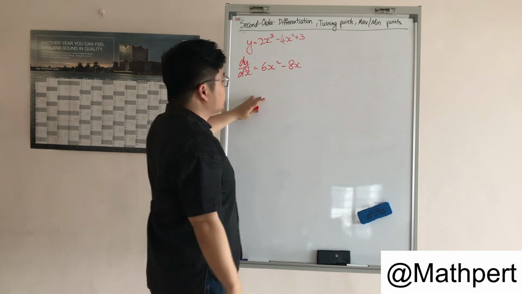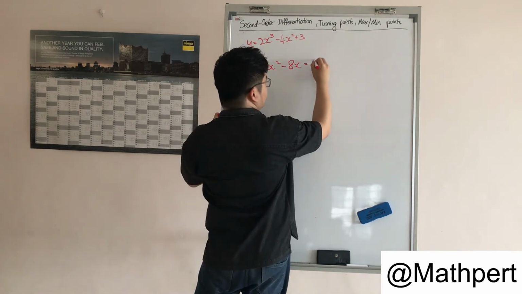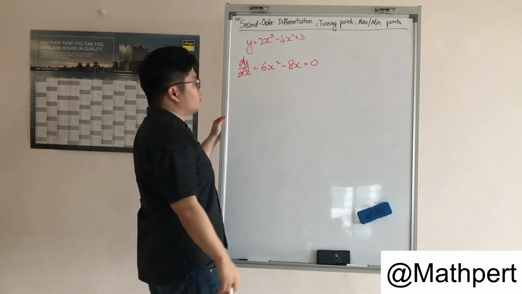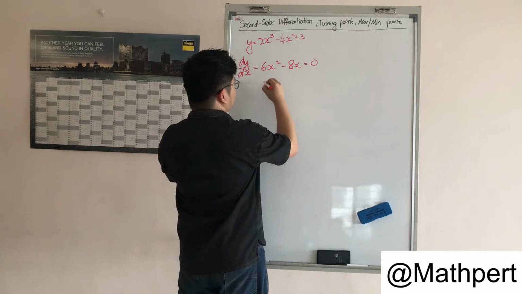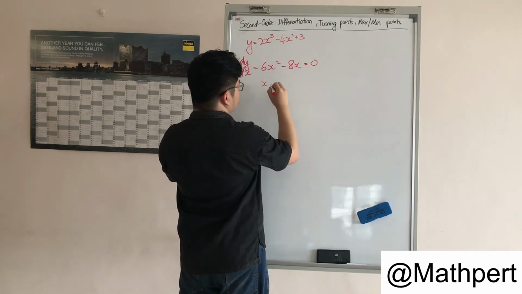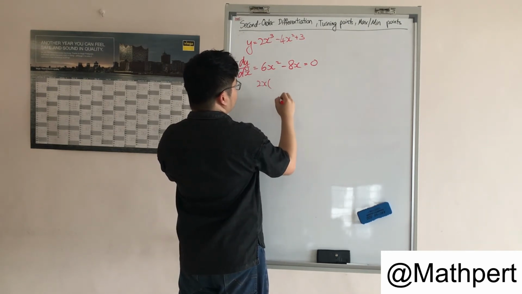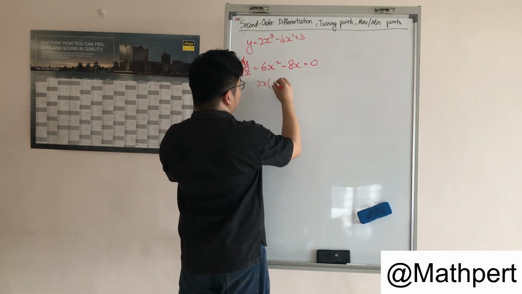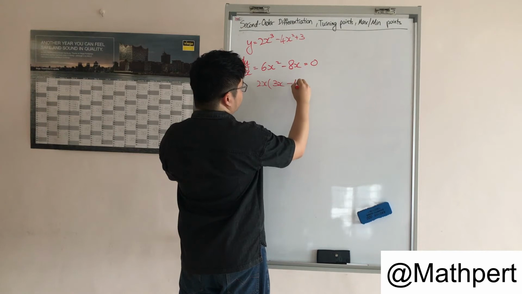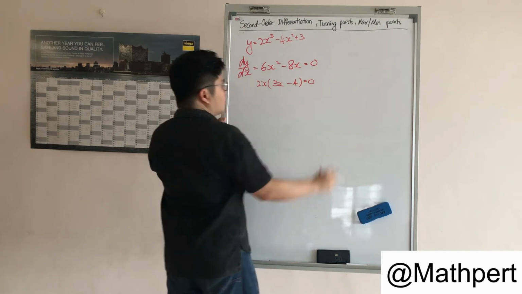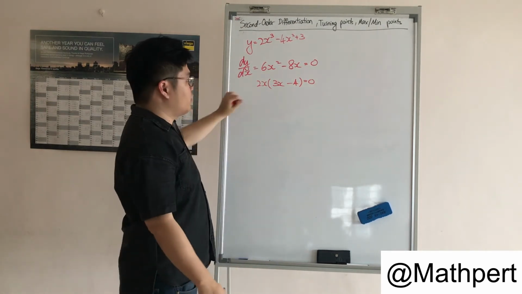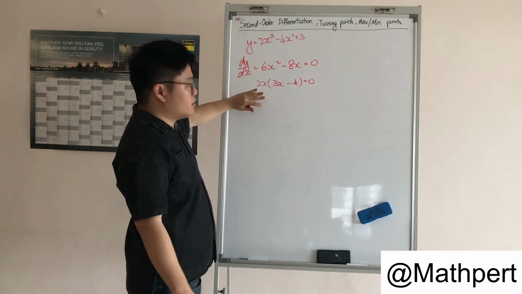So turning point meaning this one equals to 0. So simplify it. We take the 2x out, become 3x minus 4 equals to 0. You just take out the 2x over here.